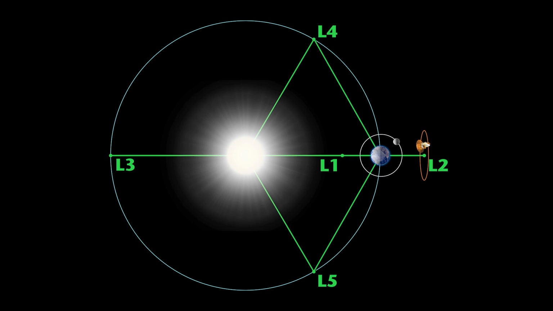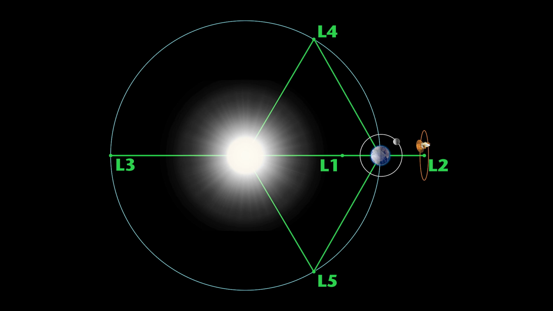These points in space can be used by spacecraft to reduce the fuel consumption needed to remain in position. This can be especially useful for missions that require a spacecraft to remain in a specific location for an extended period of time. There are five Lagrange points designated as L1 through L5, and they are labeled according to the locations where they exist relative to the two larger bodies.